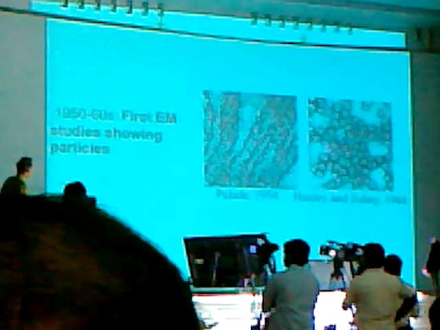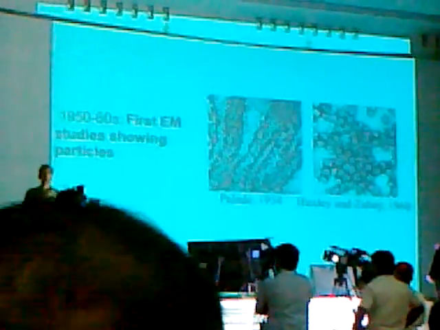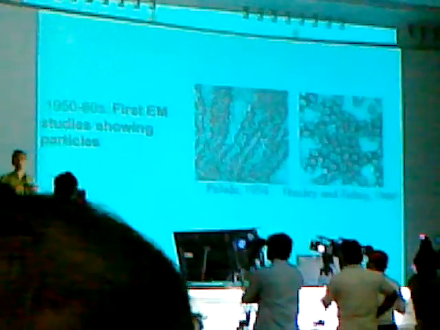And these particles were isolated, and they all were about 250 angstroms in diameter and contained 2 subunits, a large subunit and a small subunit. And it turned out that these particles from all species consist of a large and a small subunit. And these particles were called ribosomes.